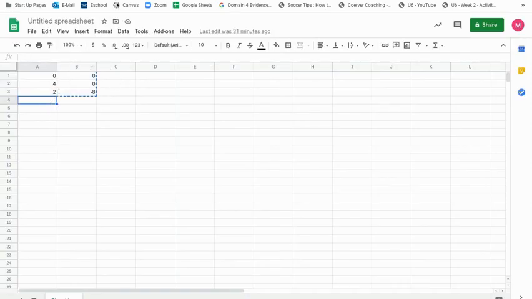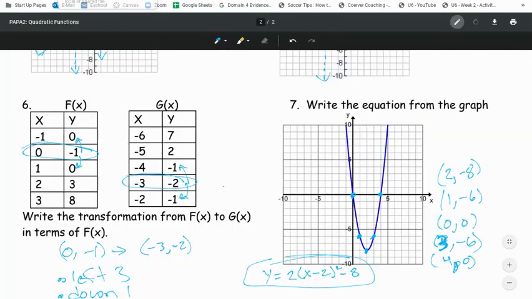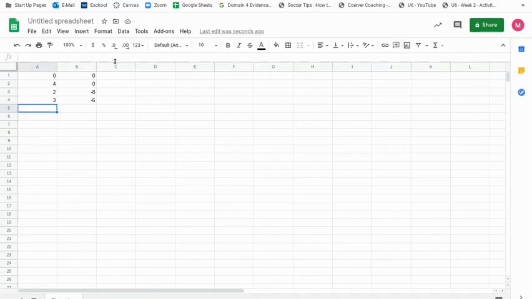I already have a few points in here from that one. I think I need 3, -6, and what was the other one that I'm missing? 1, -6 maybe? Yeah. 1, -6. And it's better if they're in order, but really Desmos doesn't really care.